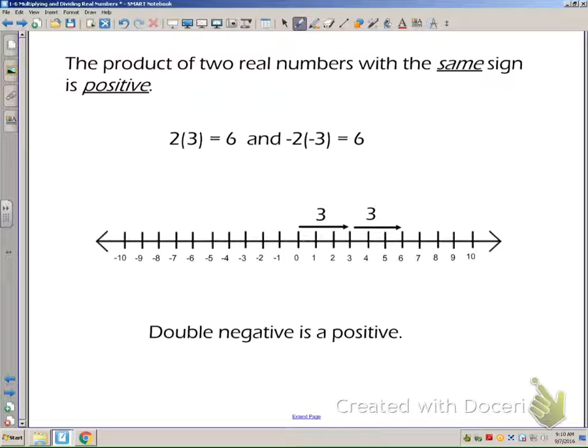So the product of two real numbers with the same sign is positive. Multiply or divide, it's an easy thought. Same sign is positive, different signs are not positive, therefore they're negative. So you can think of it as a double negative is always a positive, or a double positive is a positive. Same sign, it is going to be a positive answer.